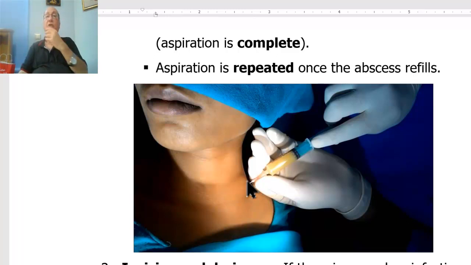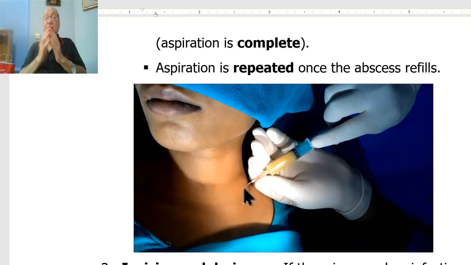Aspiration should be complete. How do you completely evacuate the abscess? Stop aspiration when blood appears. This means complete evacuation of the caseous material. If filling of the abscess occurs, the aspiration should be repeated.